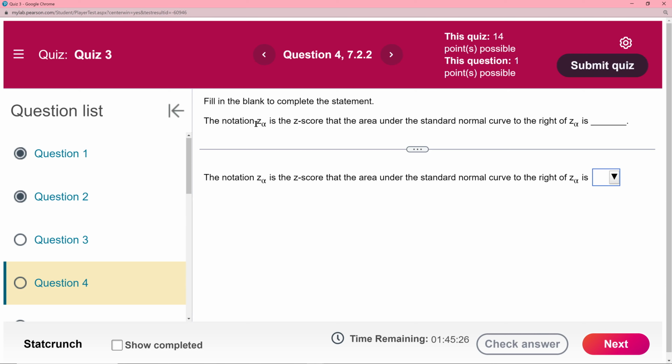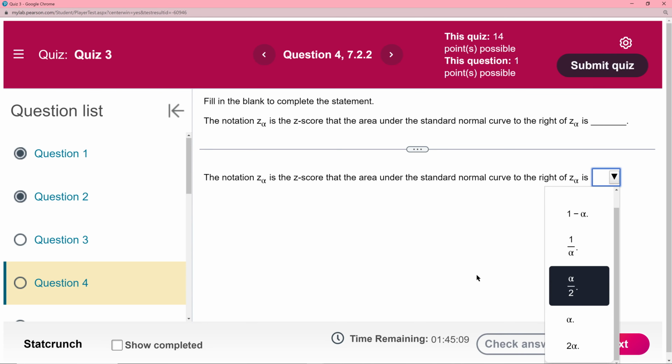The notation Z sub alpha is the Z-score such that the area under the normal curve to the right of it is alpha. That's a good question. Now the notation has to do with alpha over 2, really, because alpha represents the amount left.